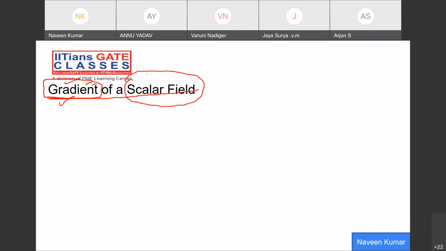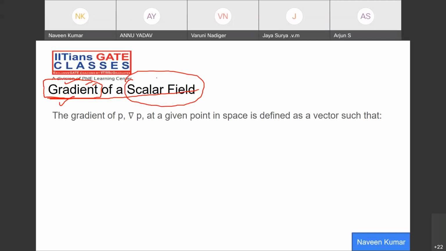Okay. So this gradient, the change can be in any direction, like in any coordinate system you take, x, y, z, right? So what you have to take is the del operator. Del operator is i del by del x. It is a vector quantity. Plus unit vector j del by del y plus unit vector k del by del z.